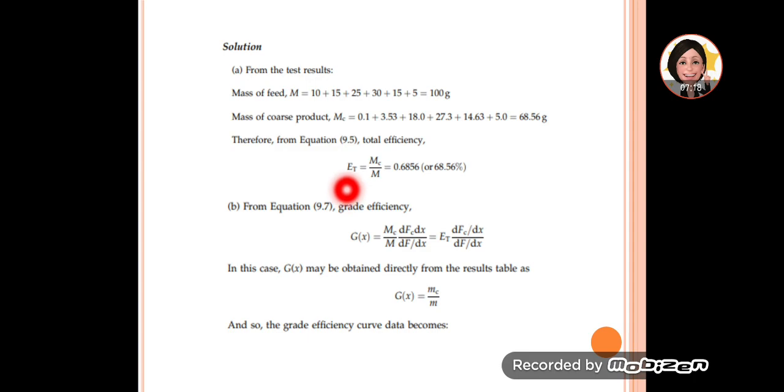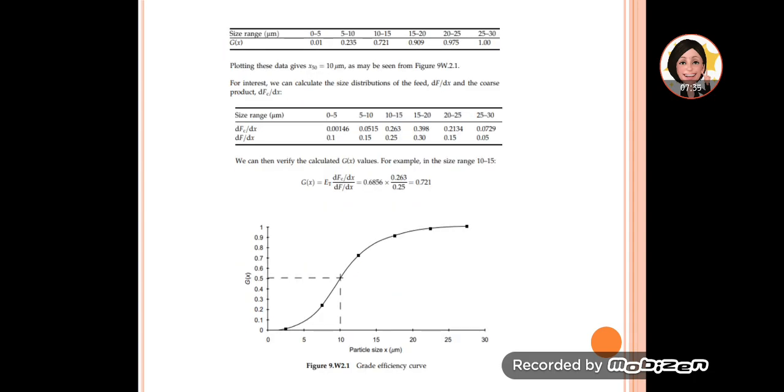And then we do the grade efficiency. From equation 9.7 that we discussed, for each grade we can identify its efficiency using this equation or this equation. That will give us this data of grade efficiency.